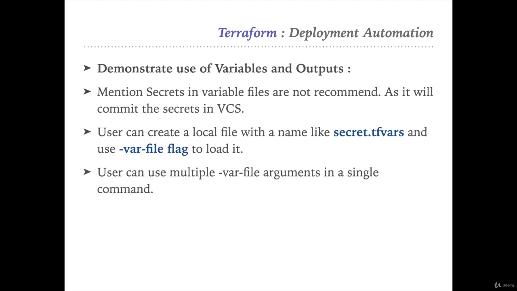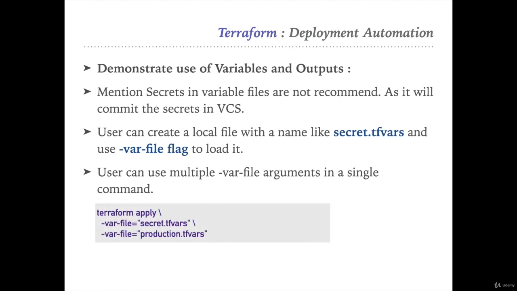If you have multiple variable files, Terraform provides the flexibility. You can use multiple variable files with the -var-file argument in a single command. So you can define a command like terraform apply -var-file equals to a file name, which could be your secret variables, your product specific variables, your infrastructure specific variables, or your environment specific variables.